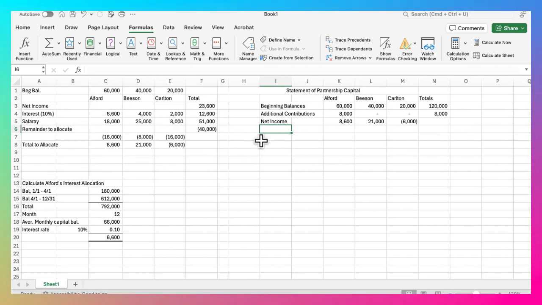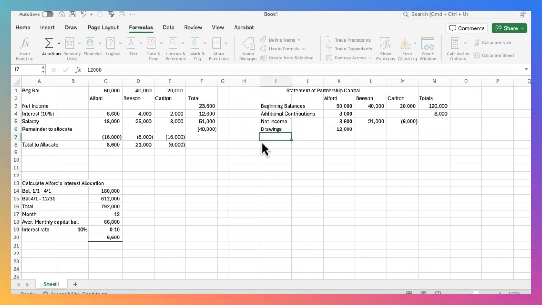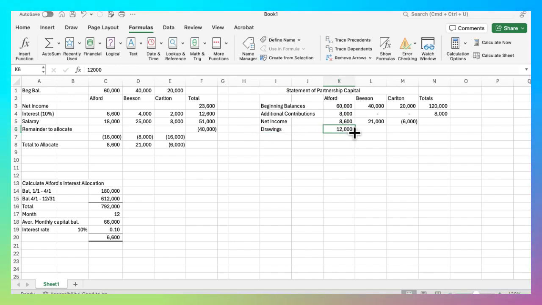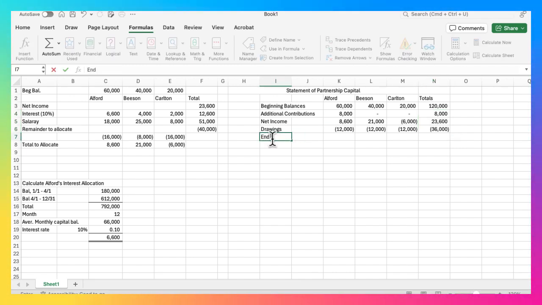Okay. Now, the next thing we're going to do is take out the drawings, right? The problem told us that everybody took out $1,000 per month. So that's a total of $12,000. Okay. So now, once we take out the drawings, we can calculate the ending capital.